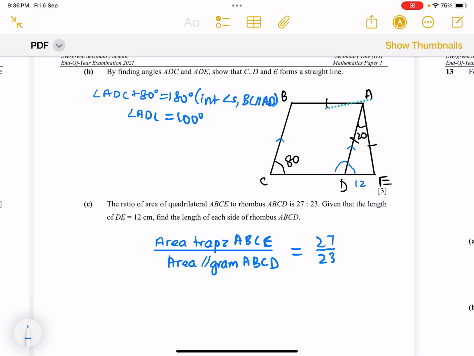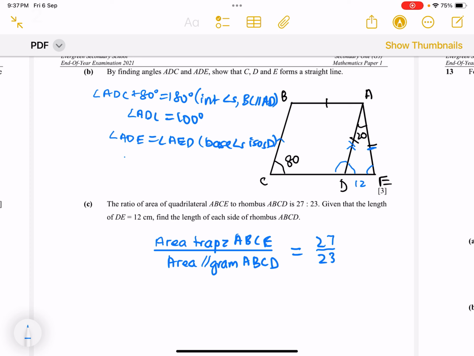And for the other angle, since this is an isosceles, therefore these two angles are equal. So we can say that angle ADE equals angle AED. Reason is base angles of isosceles. Right?